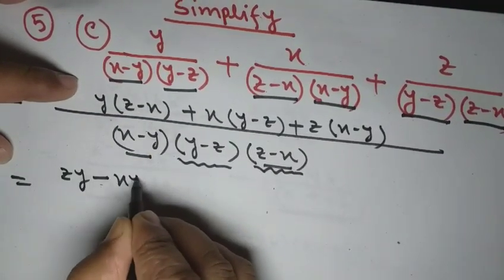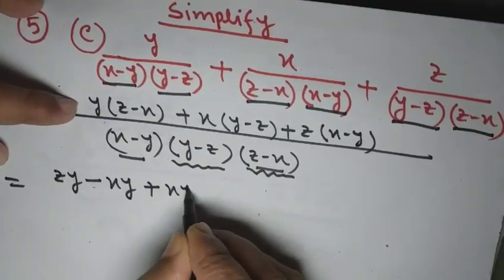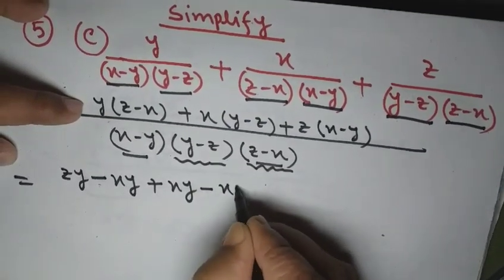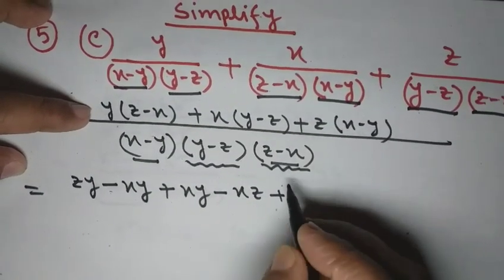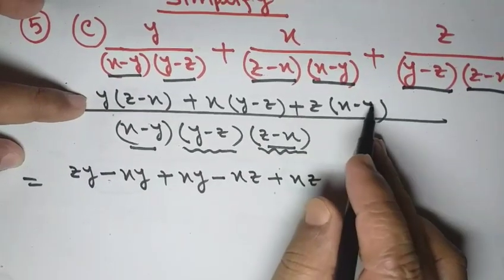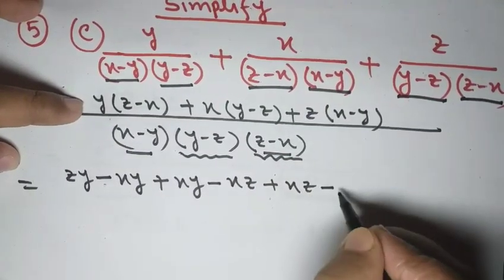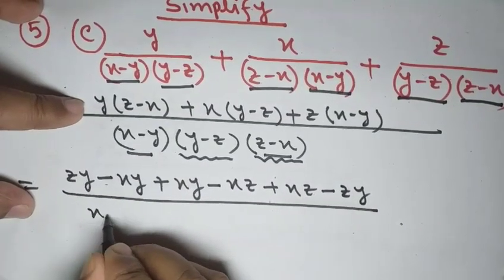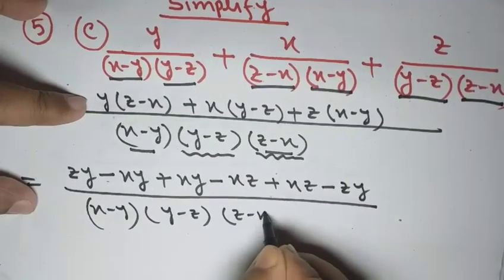If we multiply, we will get xy, then plus minus minus xz, plus if we multiply z and x we'll get xz, then if we multiply z and y, plus minus minus zy. Then we'll write the LCM x minus y, y minus z and z minus x.